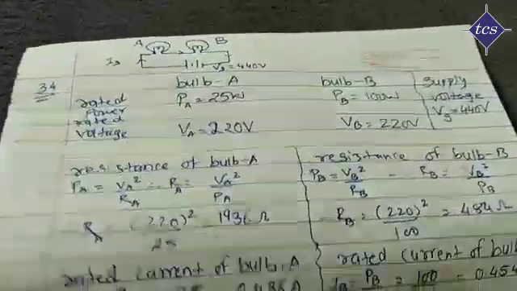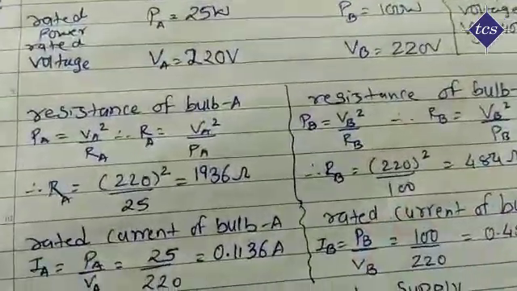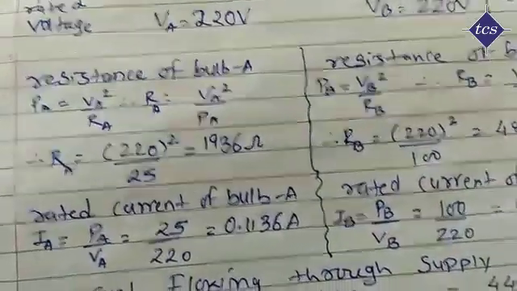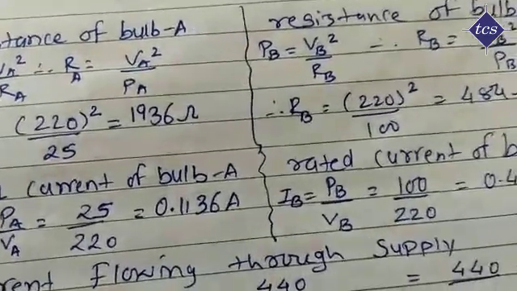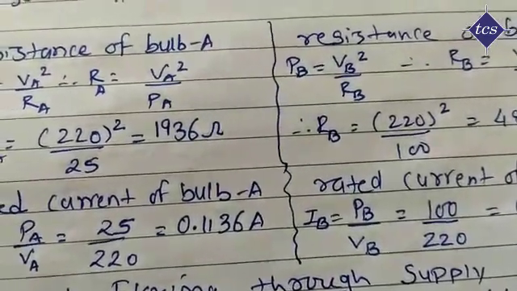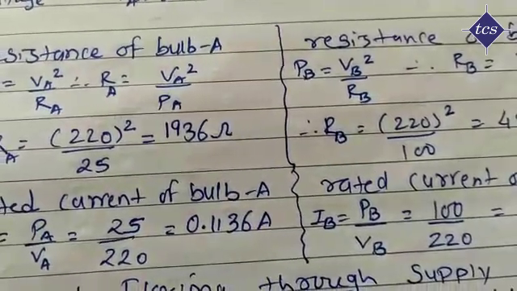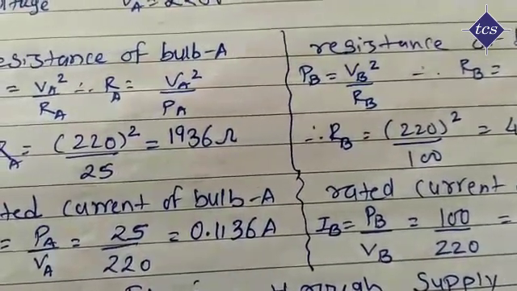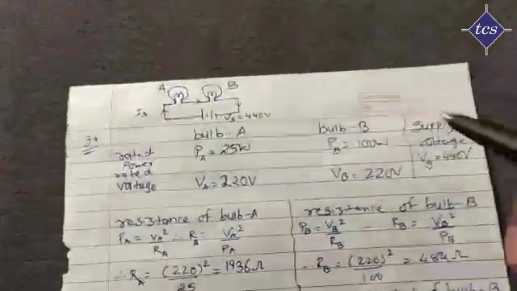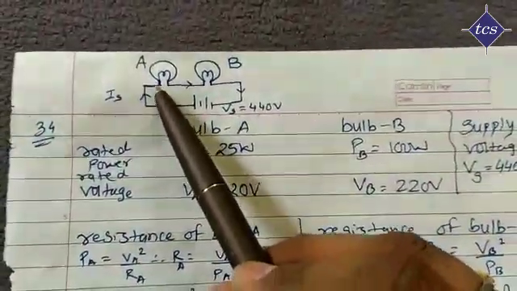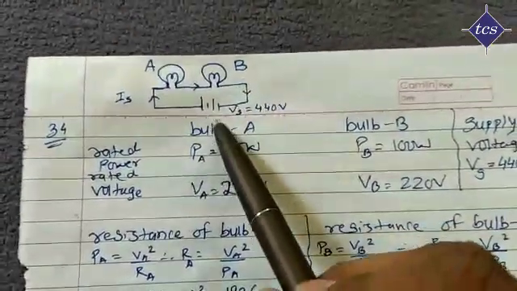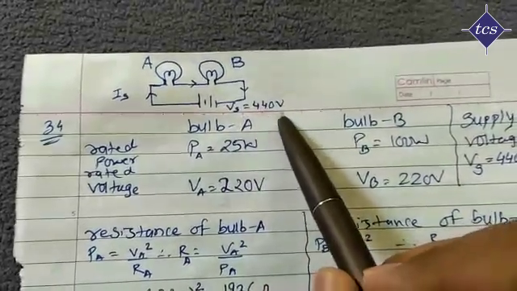Next, question number 34. It is given that two electric bulbs having ratings of 25 watt, 220 volt and 100 watt, 220 volt, if they are connected in series with the supply of 440 volt, which bulb will fuse? So there are two bulbs, bulb A and bulb B, connected with a source voltage of 440 volt.